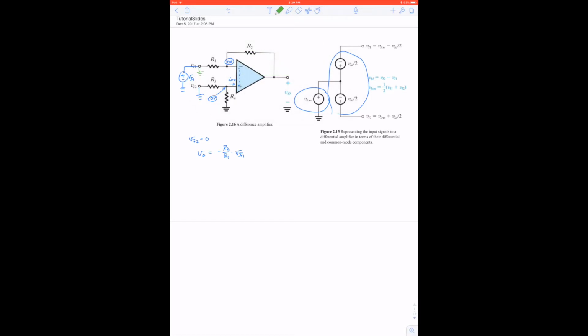Now we ground Vn1 and put our test source at Vn2. Then the potential at the positive pin is set by the voltage divider circuit, so it is R4 over R3 plus R4. And this circuit, with the input at R1 at ground potential, is in fact the non-inverting configuration.